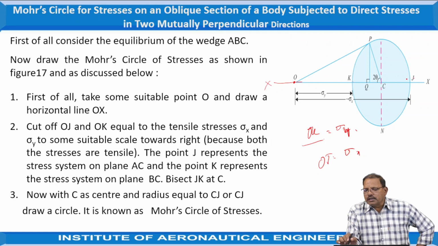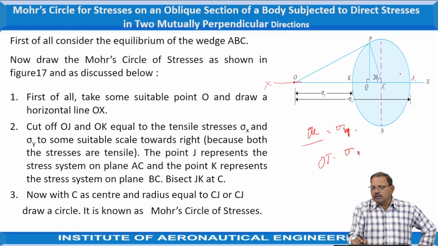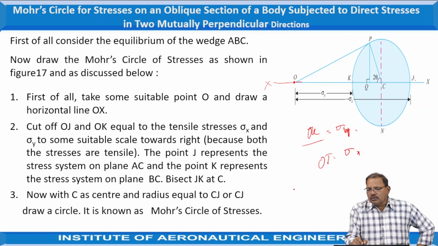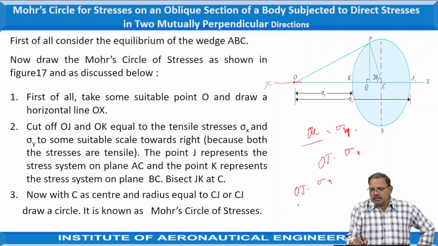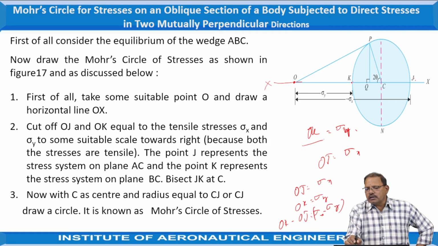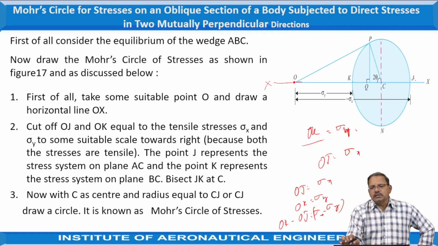Now we are taking OJ equal to sigma x. Similarly, OK is representing sigma y. So OK minus OJ is representing sigma x minus sigma y. That is, KJ is representing the difference of sigma x and sigma y. Just take it as a diameter while drawing the circle.